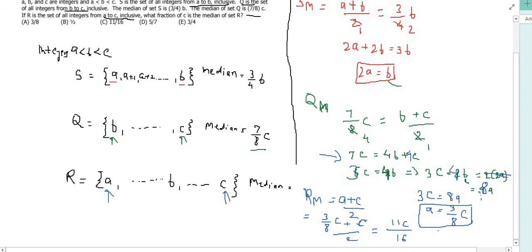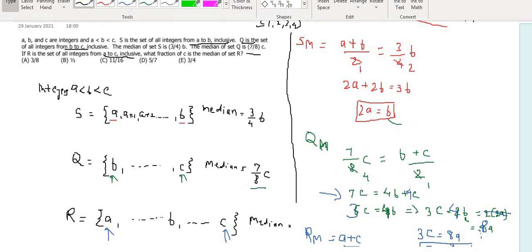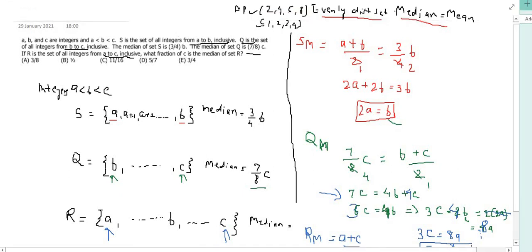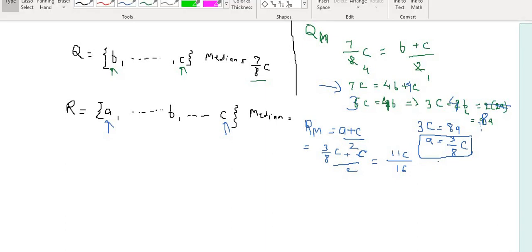Now let's go back to the question. The question says: what fraction of C is the median of set R? So definitely C goes in the denominator and this median goes in the numerator.